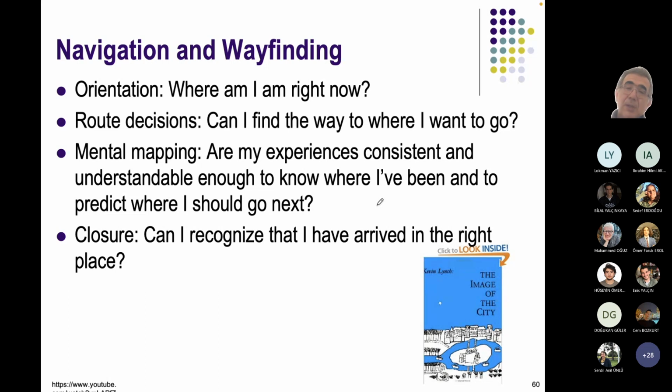That question must be answered all the time. Route decisions, can I find the way to where I want to go? Or mental mapping, are my experiences consistent and understandable enough so that I'm able to predict where I should go next? If my mental map is correct, then I can navigate.